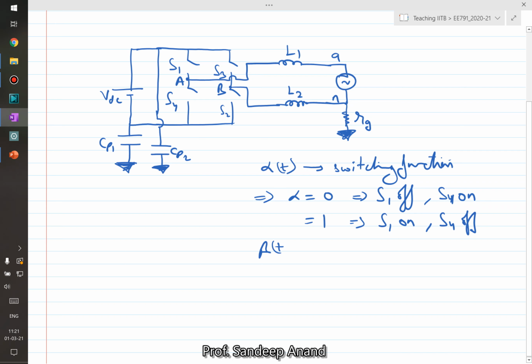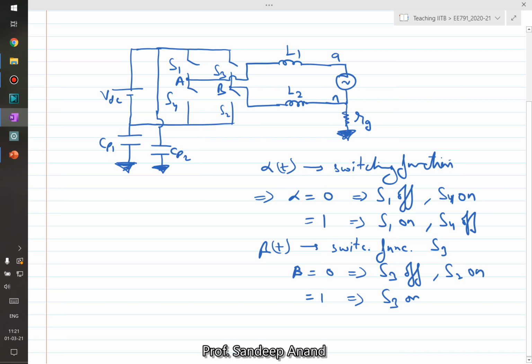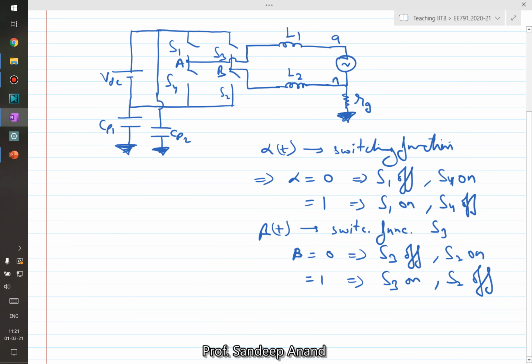Similarly, beta of t is the switching function for S3, right? And therefore beta equal to 0 implies S3 is off and S2 is on, and beta equal to 1 implies S3 is on and S2 is off, right? So by using alpha and beta, we can define the state of the inverter switches.